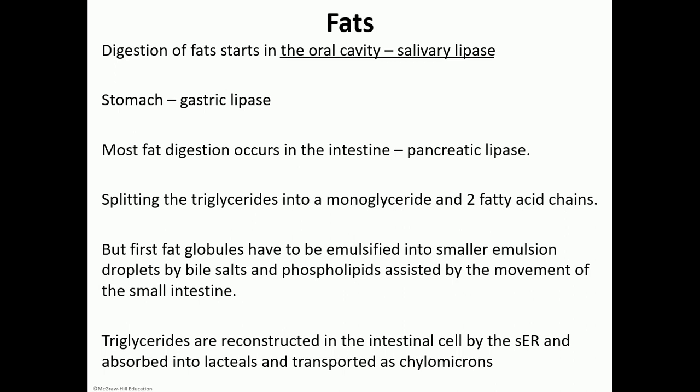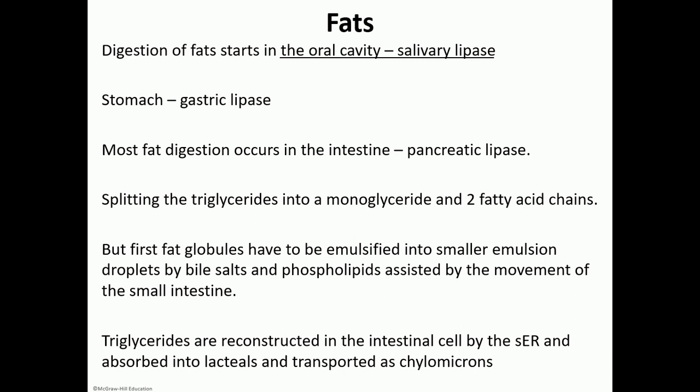So when it comes to triglycerides, the digestive system is a little bit weird. It will take these fat globules, break them down or emulsify them into smaller fat droplets, and then it will digest it into monoglyceride and 2 free fatty acid chains, and absorb it as such into the intestinal cell.